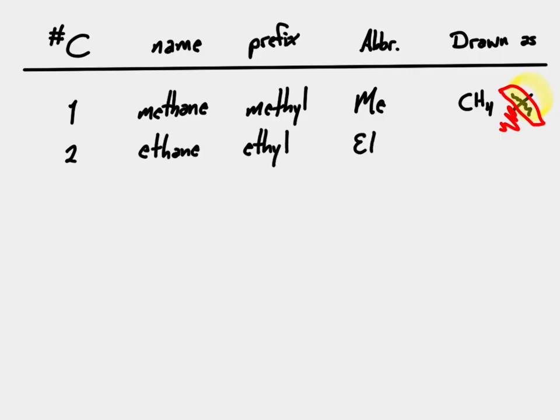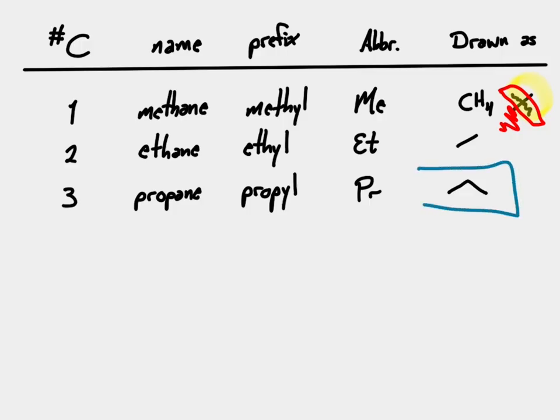If we have two carbon systems, called ethane or ethyl or Et, we simply draw it as a line. So again, each of the two ends of those lines represent a carbon atom. If we go one further, we have propane or propyl or Pr, and again, this is where we start to add some angles to our line drawing, because we now have 3, and we'll talk later about why we draw the angles the way we do.